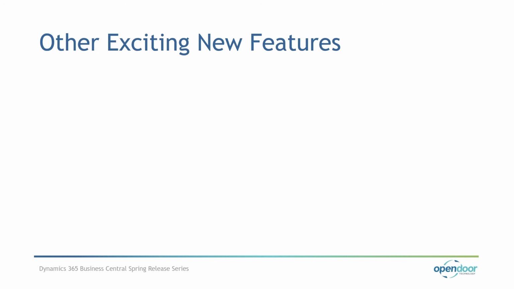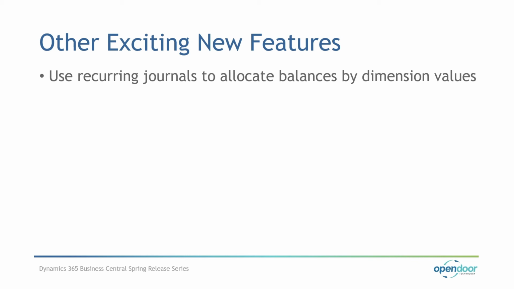There are other new features such as locating balances by dimension value in the recurring journals. Track package, that function has been added to several more documents. It's now available from the posted sales invoice, sales credit memo, and posted return receipts, when it was only available on the shipments before.